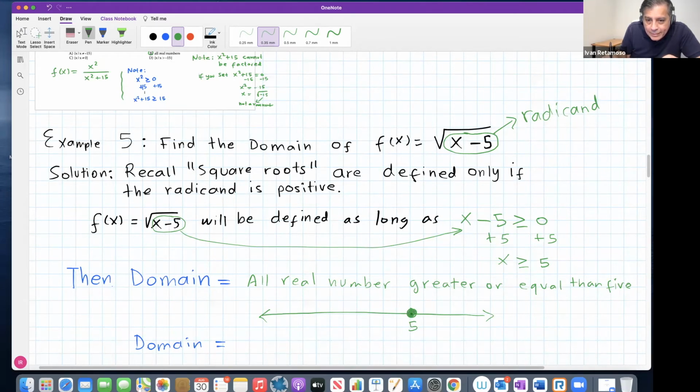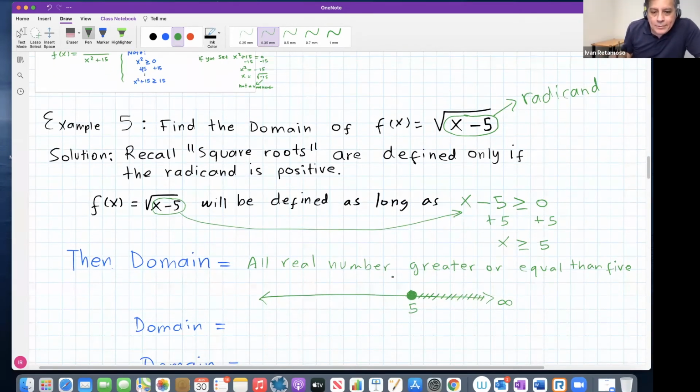Since I'm including 5, when you set this, you use a solid circle, a shaded circle, instead of an empty circle. And then you look at the direction of this inequality. It's pointing to the right, so you follow that. You shade everything to the right of 5. Here is where positive infinity is, right?